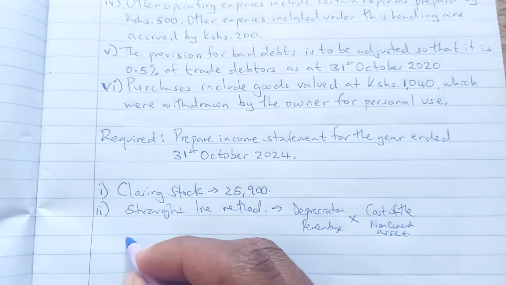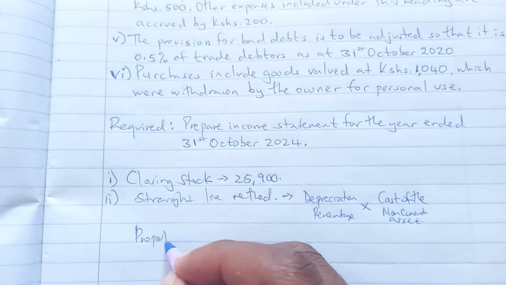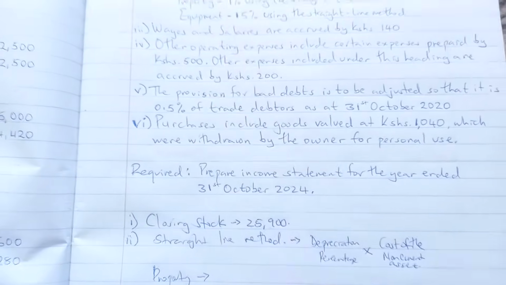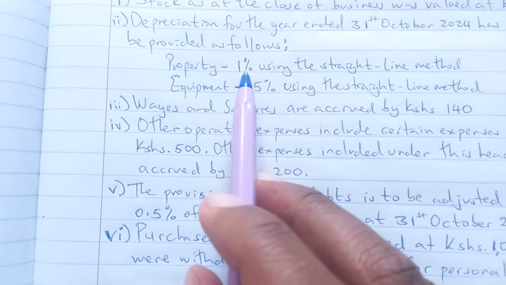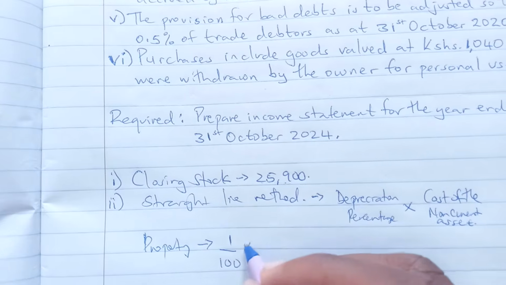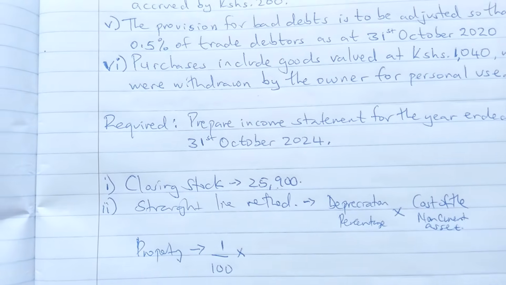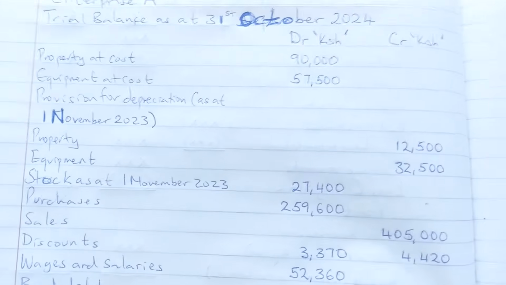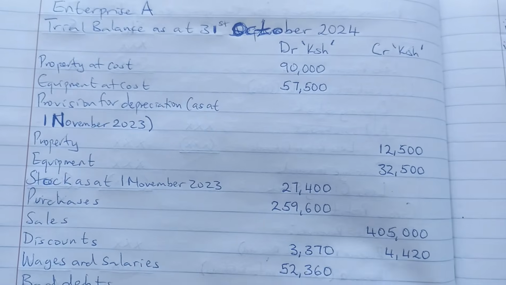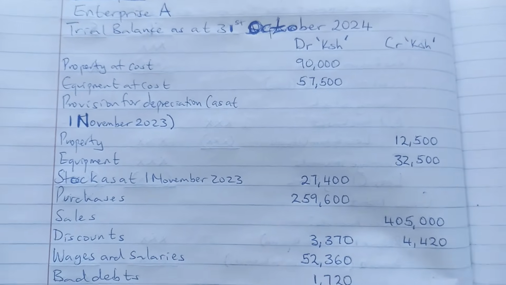Okay, so for property we are being told it is 1%. So it will be 1 over 100 multiplied by the cost of the non-current asset. We come to our trial balance.